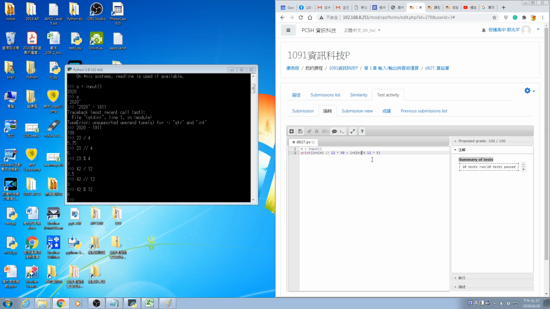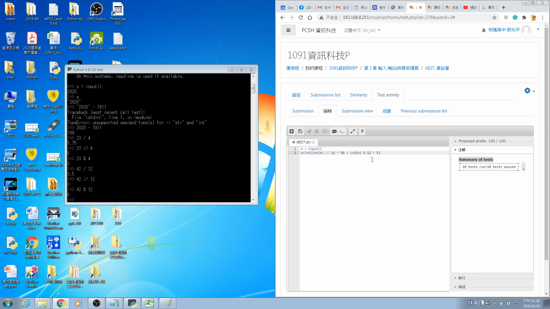So we use that n twice, and then we need to convert it into an integer twice. What if we need to use it 10 times? Do we have to convert it into an integer 10 times? Yes, you do. And that's a waste of time.